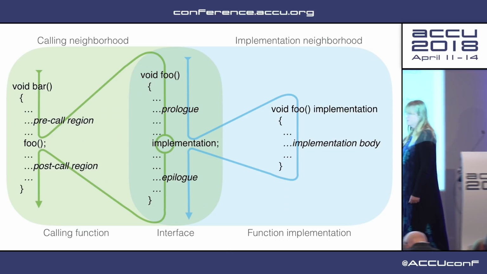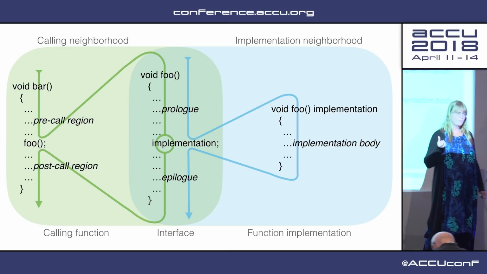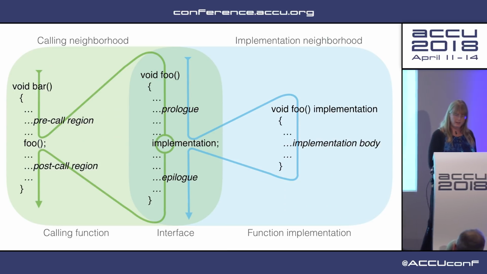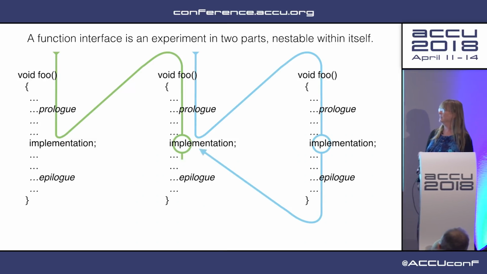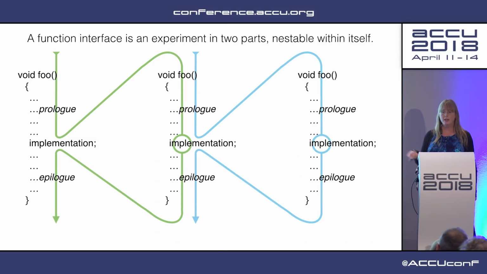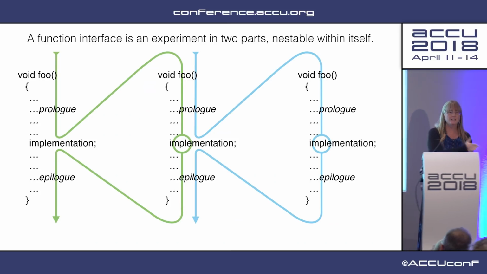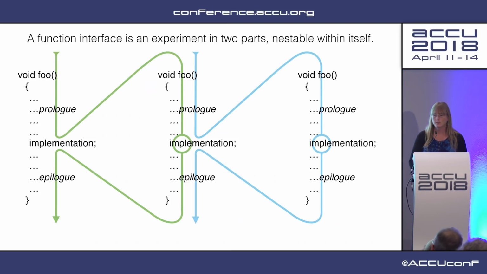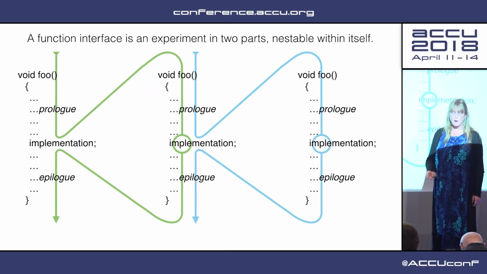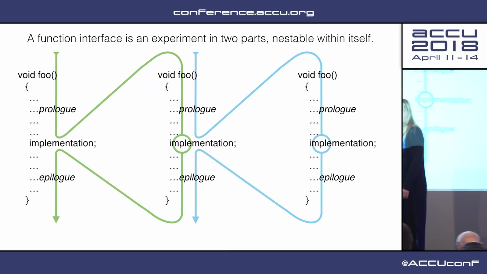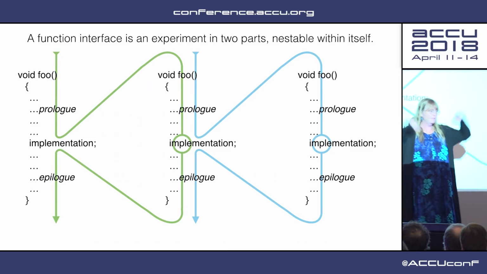And interfaces aren't exactly repeatable, but they have something like repeatability, which is nestability. If you have written a proper interface to a function, you can nest it as many times as you want. If the claims in the prologue succeed once, they will succeed over and over again as deep as you want.